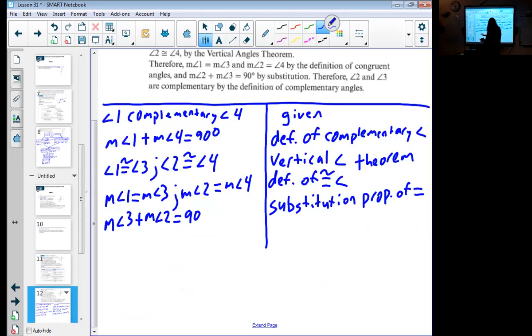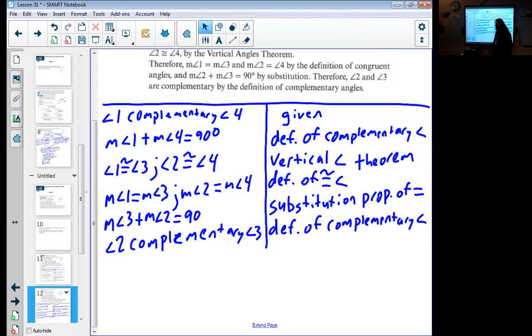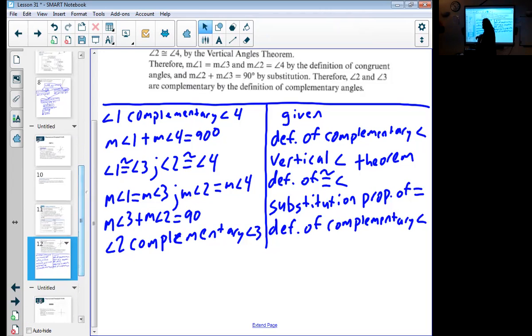So angle 2 is complementary to angle 3 by the definition of complementary angles. That is it for part 3. I hope to see you soon for part 4.